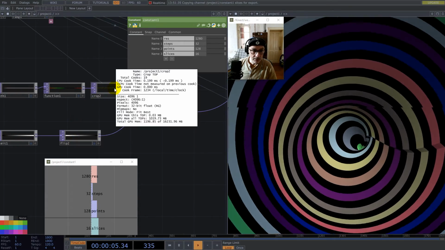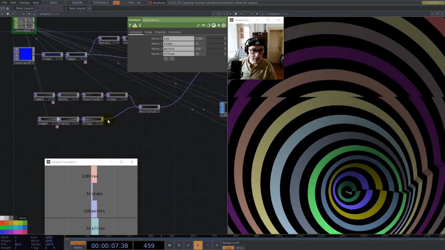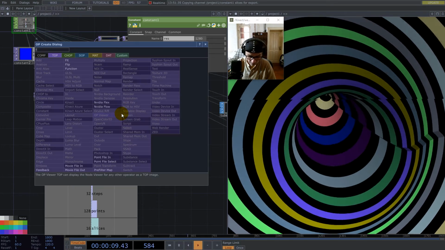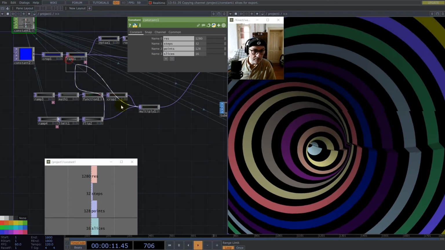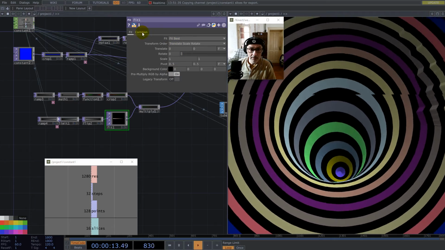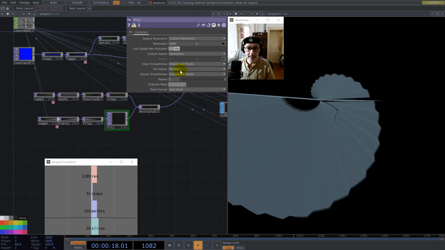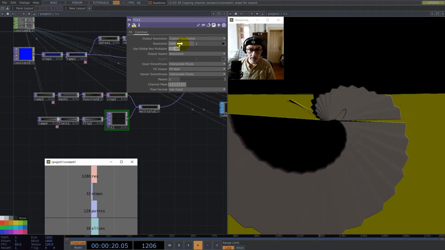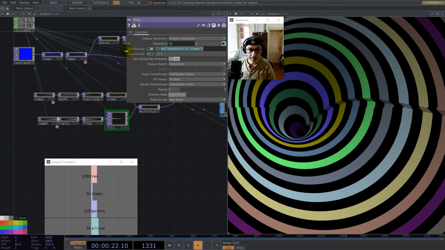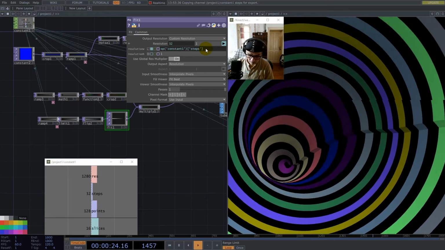This is 32. Okay, I believe if we use a fit here, right, and this should give us 1 pixel texture, but here it's steps multiplied with points.